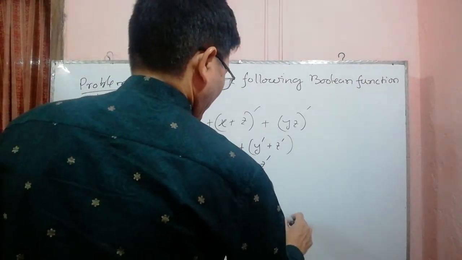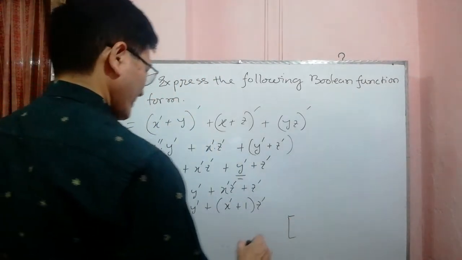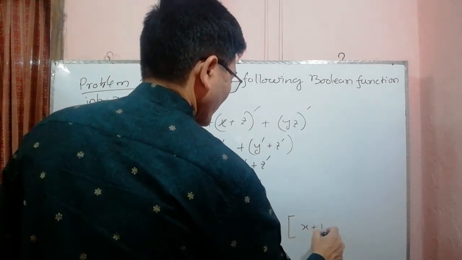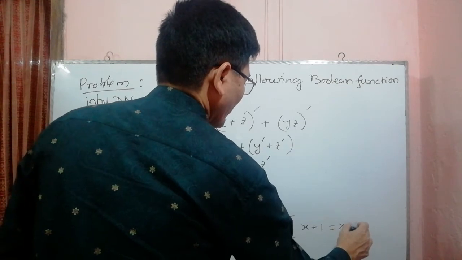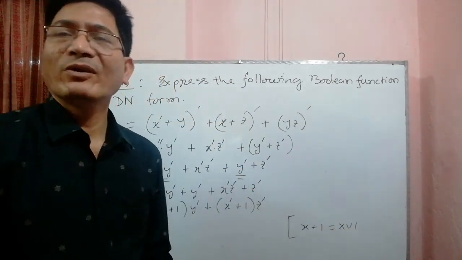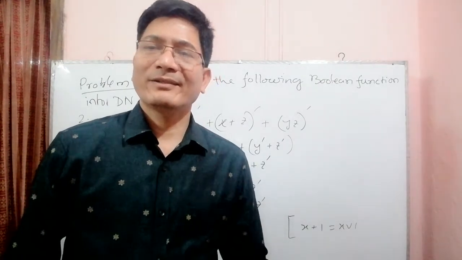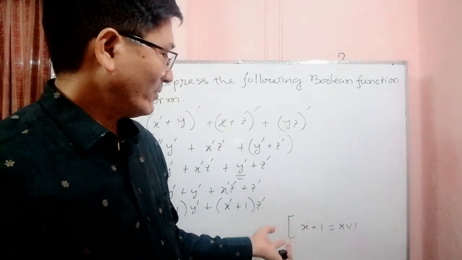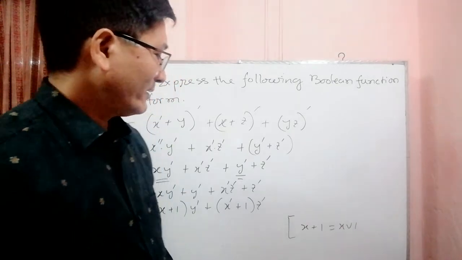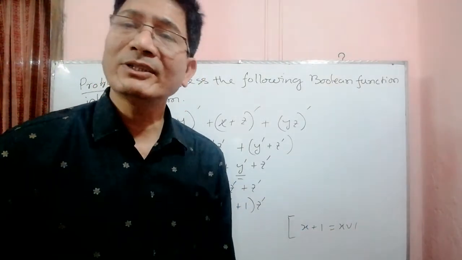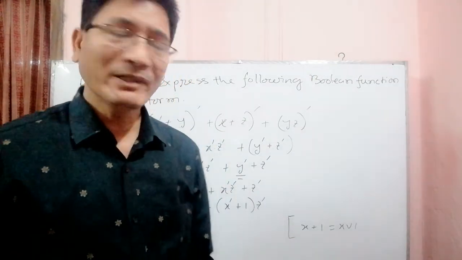Dear students, for your concern, I would like to say here x plus 1. This means x join 1, and you know 1 is the greatest element of any function. If it is joined with any element, it will produce 1 only.